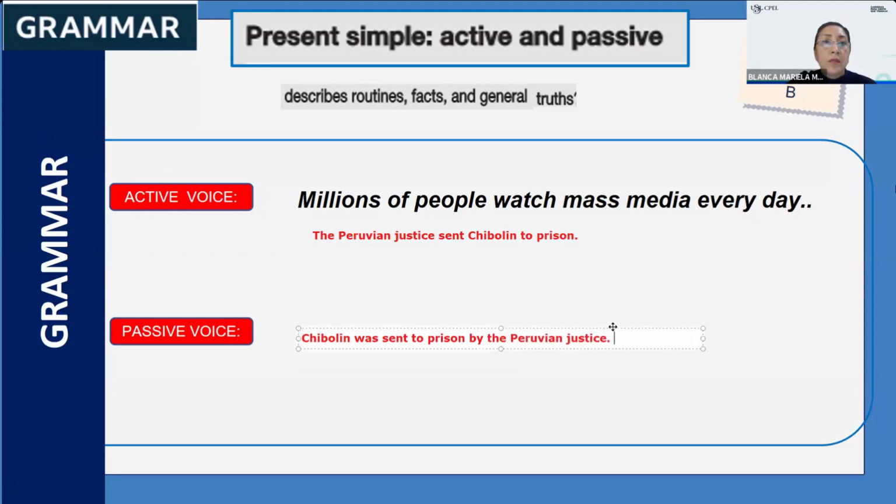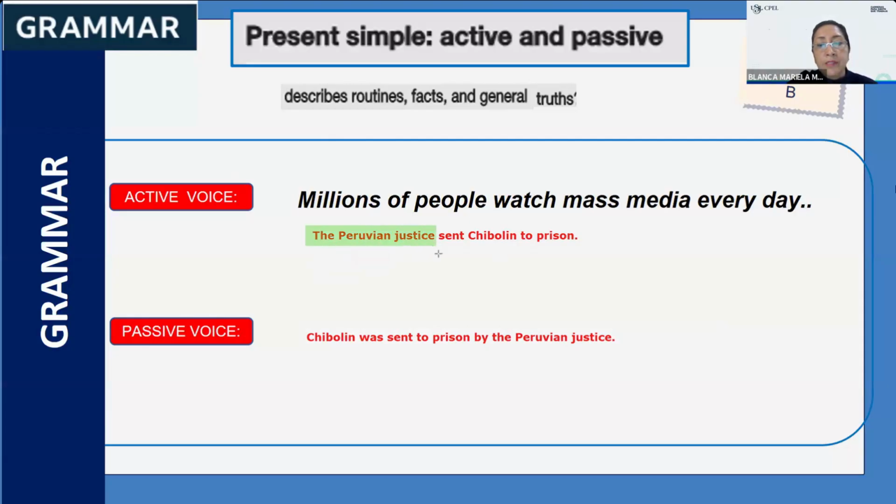So the idea, I mean, the information that I'm transmitting is the same, okay? But the emphasis is different. In the first sentence, in active voice, the emphasis is on this.